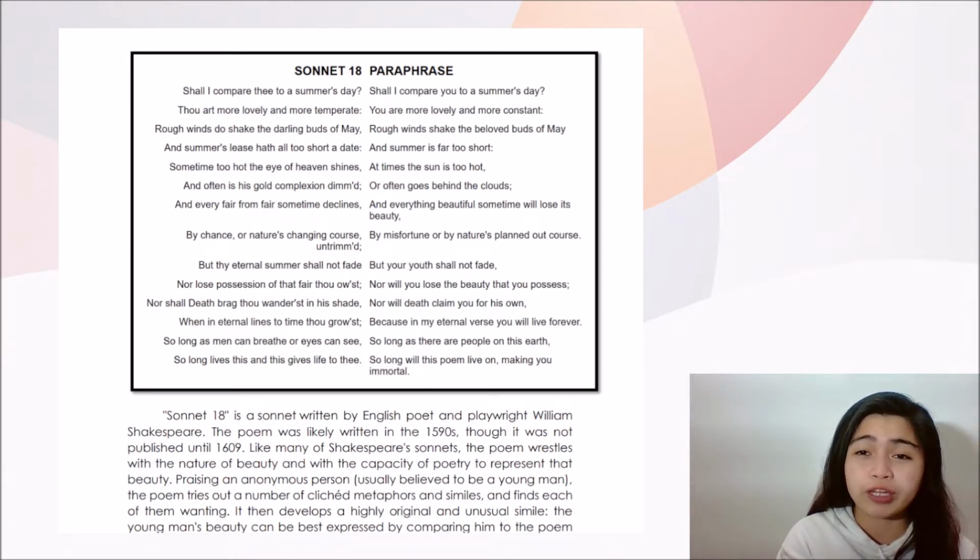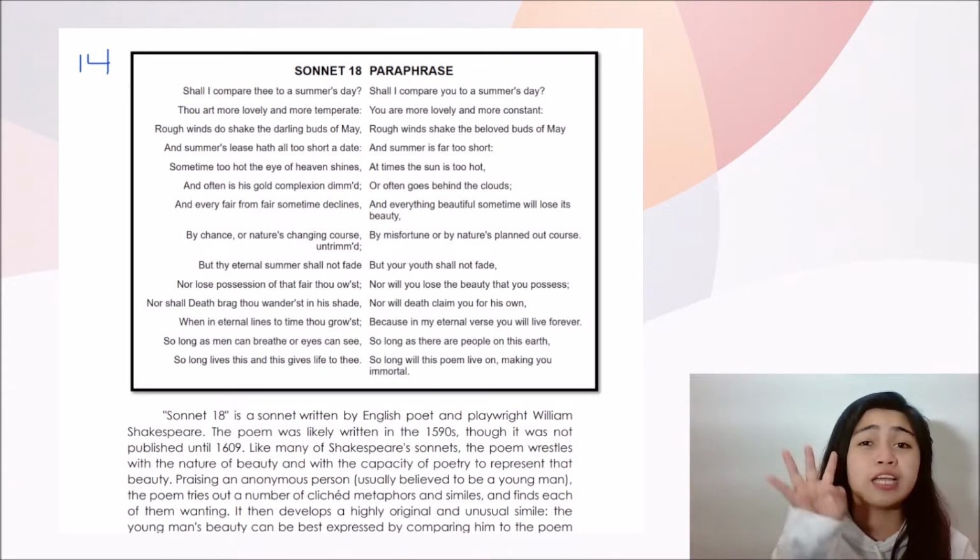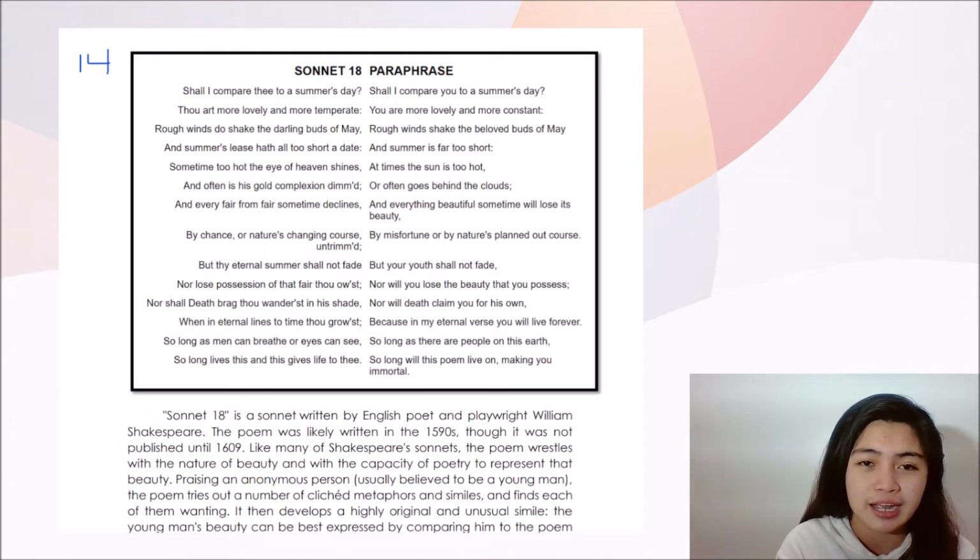So, we have 14 lines, okay? So, we have 14 lines that is divided into 3 quatrains. Ibig sabihin ng quatrains, 4 lines. So, let's have 1, 2, 3, and 4. So, tatlong ganyan. 1, 2, 3, and 4. Tama ba ako? Or nahihilo na ako?